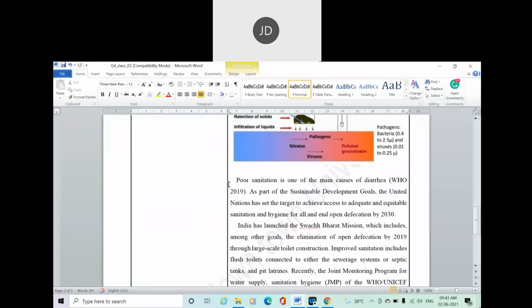So at the international level, poor sanitation is one of the main causes of diarrhea, as stated by WHO in 2019. As part of the Sustainable Development Goals, the United Nations has set the target to achieve access to adequate and equitable sanitation and hygiene for all and end open defecation by 2030.